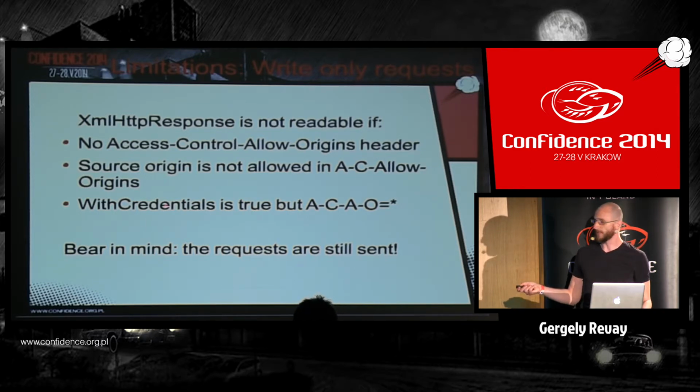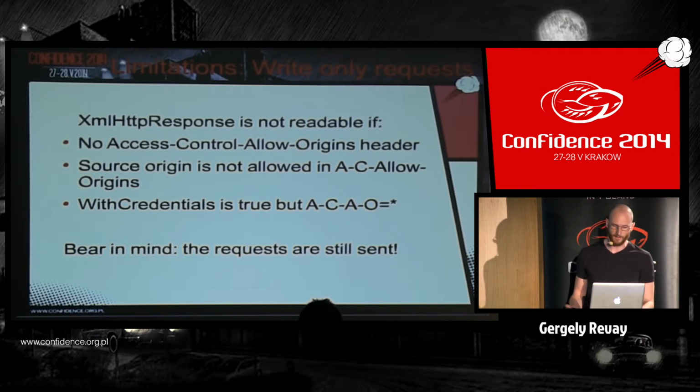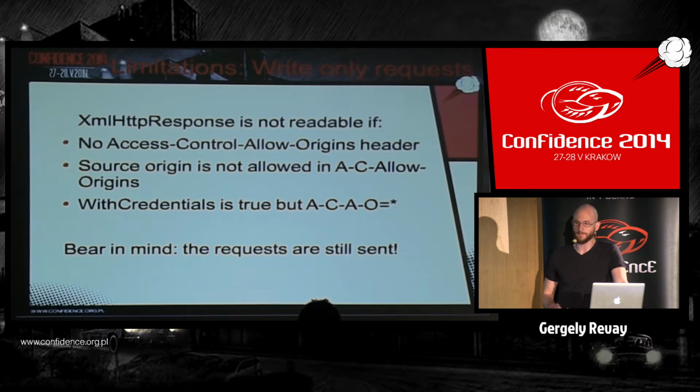So if withCredentials is true and the response says it's for all domains, then the browser won't show the response to the JavaScript. It was really surprising for me that it works this way. Although it's a good way to go, because if this rule wouldn't be implemented, then the CSRF protections we are using right now usually wouldn't work.